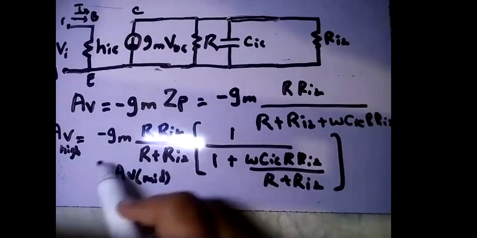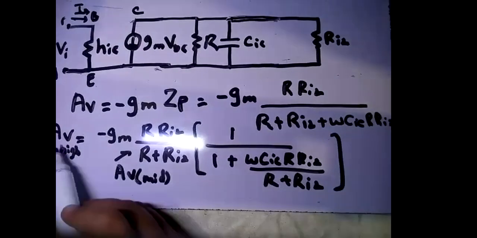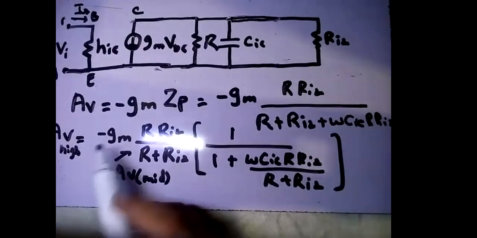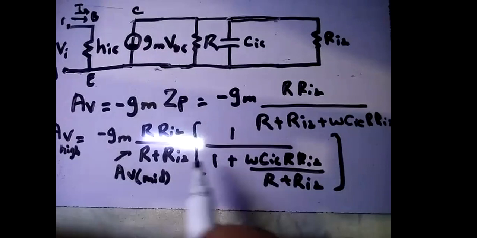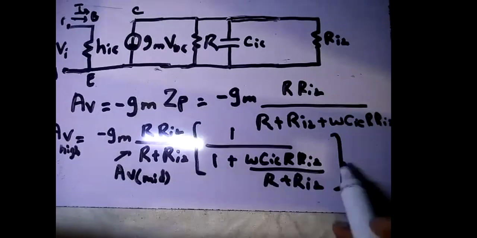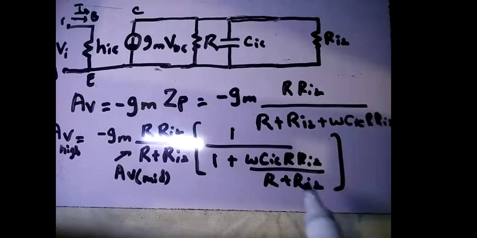So our relation will become: gain at high frequency is equal to gain at mid frequency divided by 1 plus omega CIE R RI2 divided by R plus RI2. R and RI2 are the two resistances.